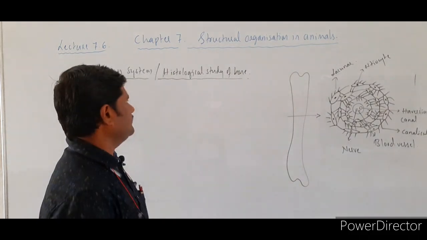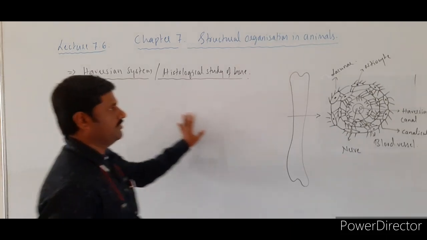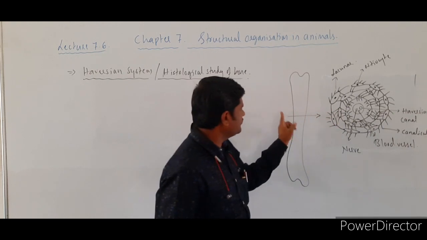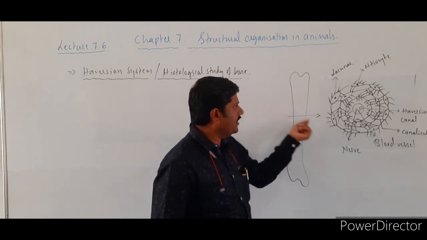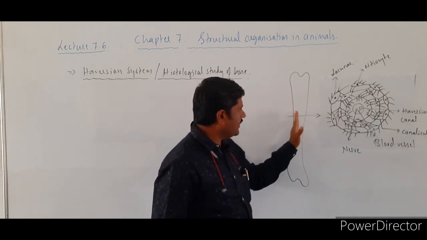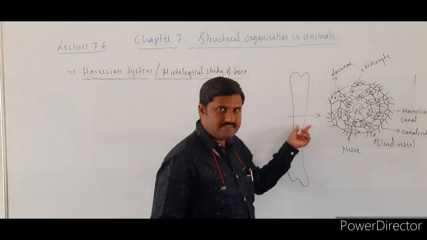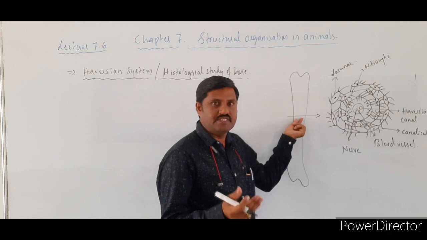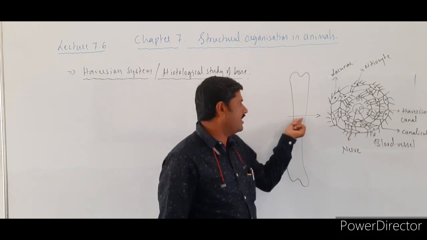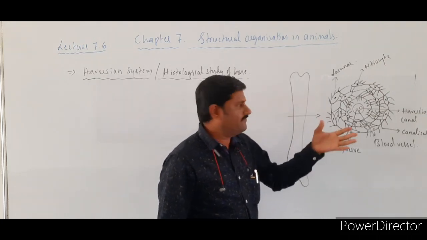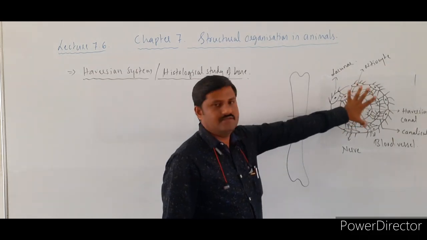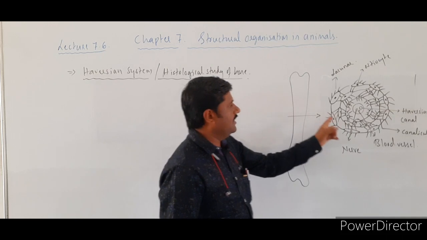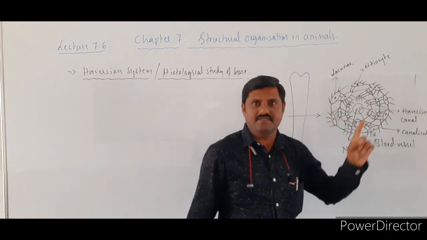In this system, when you take the cross section, at the central axis you find the bone marrow. Apart from the bone marrow, on the sides you will find these systems called Haversian systems. So let us study this Haversian system.